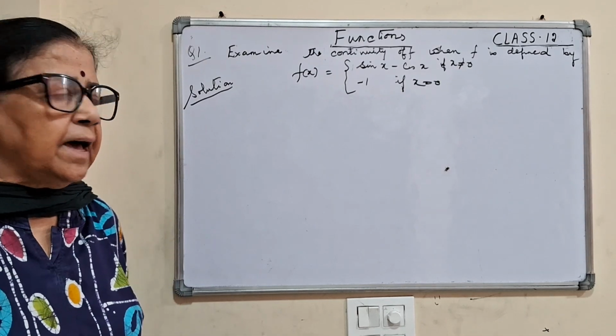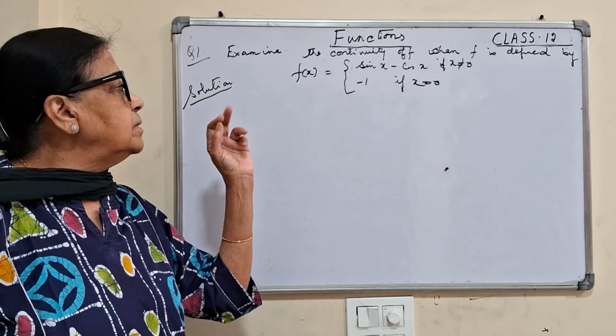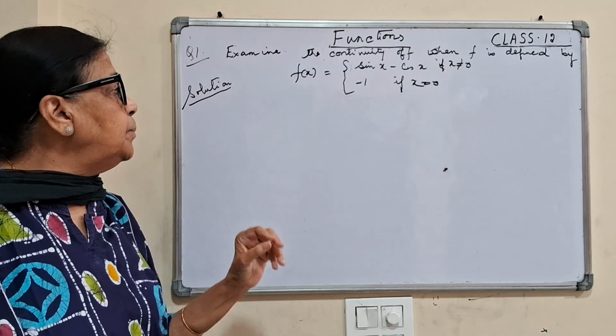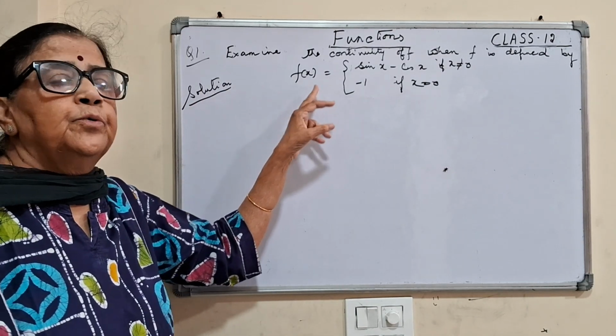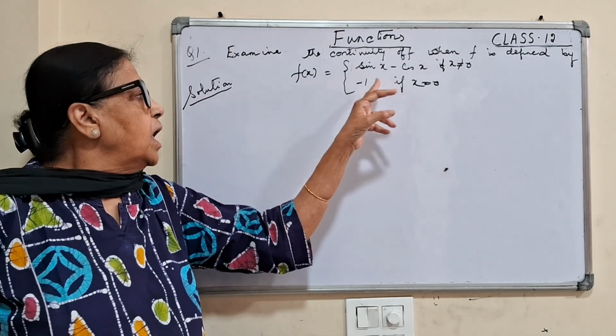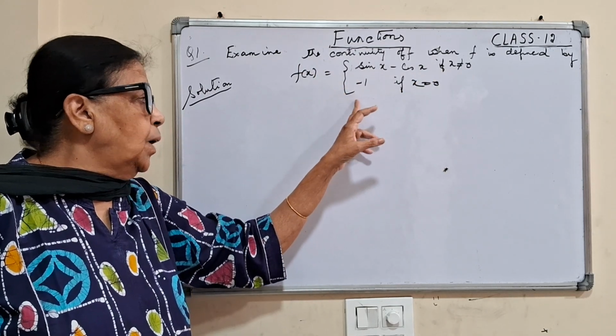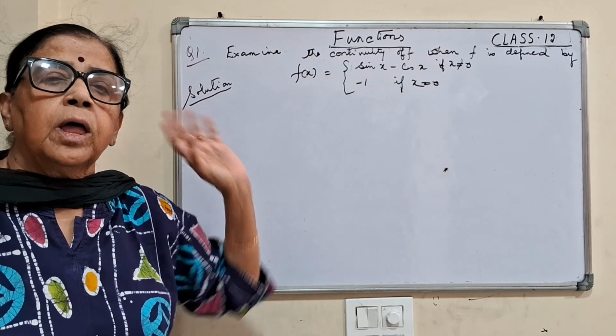First question: examine the continuity of f when f is defined by f(x) = sin x minus cos x if x is not equal to 0, and minus 1 if x is equal to 0.